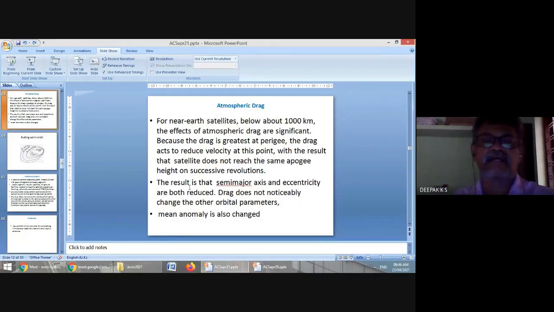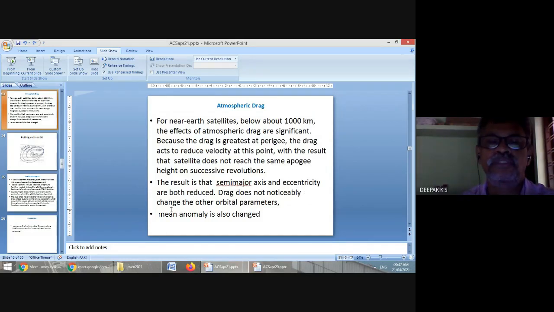And another orbital perturbation is the atmospheric drag for near Earth satellites below 1000 kilometers. The effects of atmospheric drag are significant. Drag is greatest at perigee. The drag acts to reduce velocity at this point, with the result that the satellite does not reach the same apogee on successive revolutions. So these are all variations, perturbations, and the result is that semi-major axis and eccentricity are both reduced.